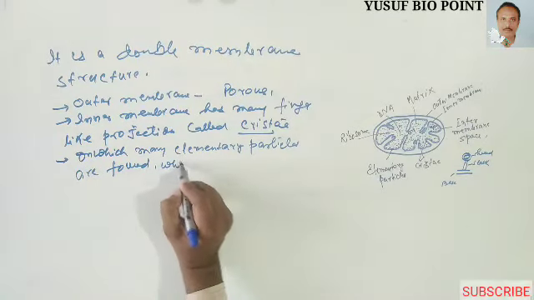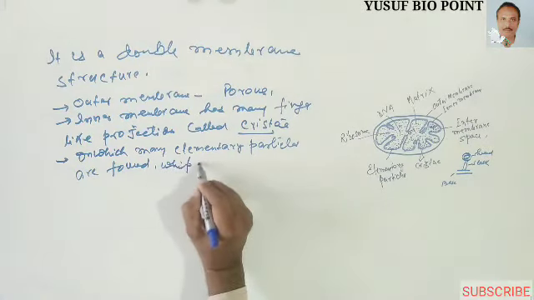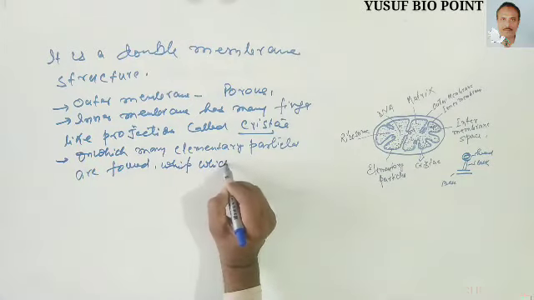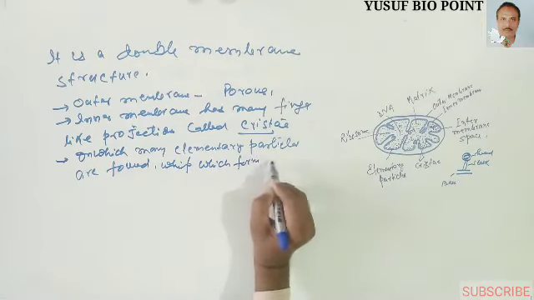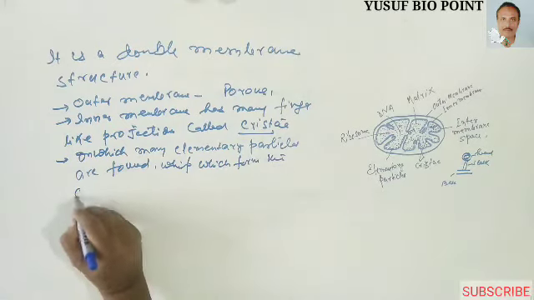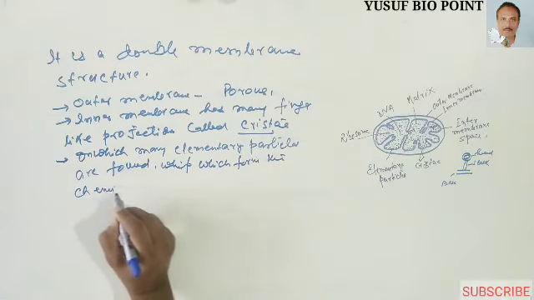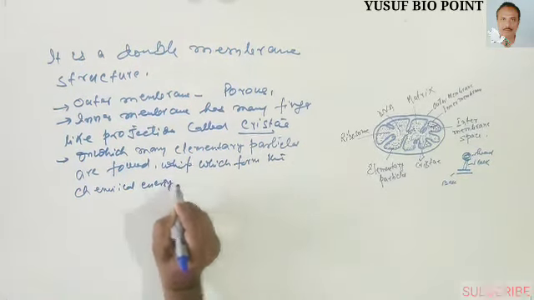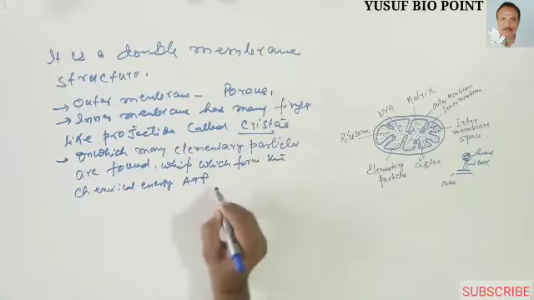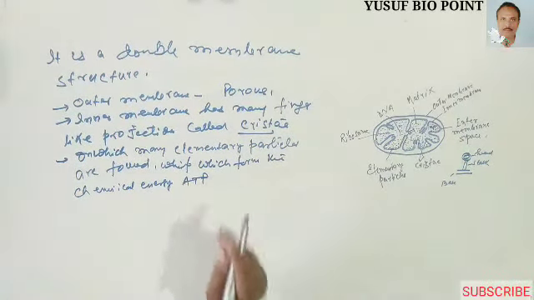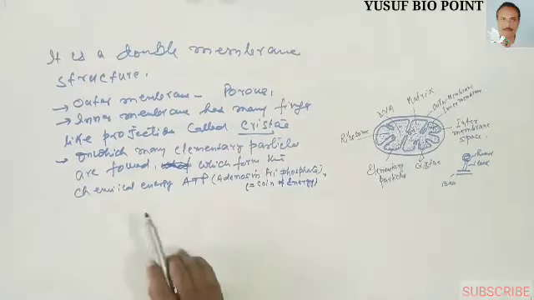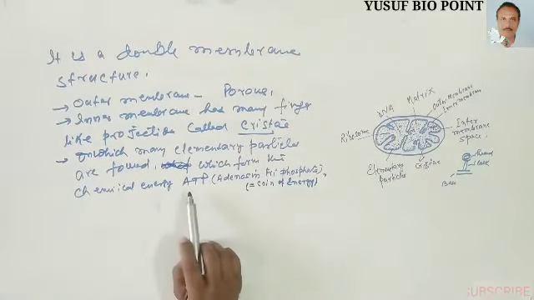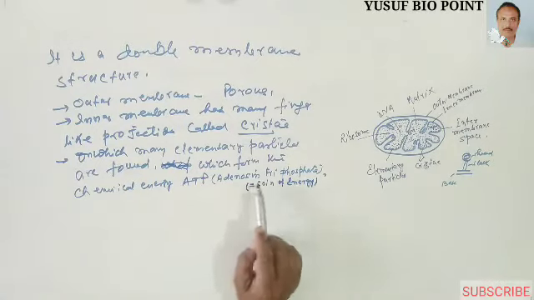These form the chemical energy ATP. So it gives chemical energy ATP, that is adenosine triphosphate.